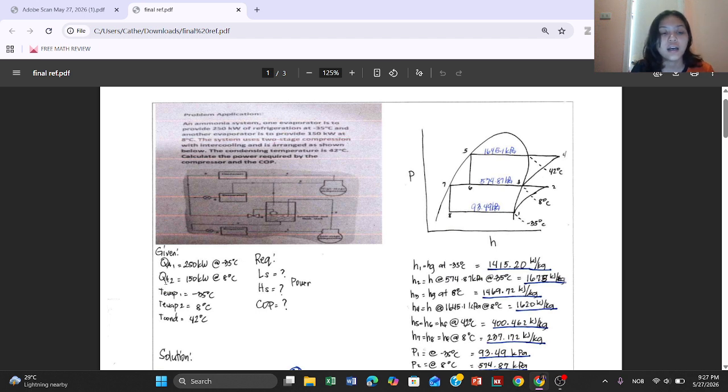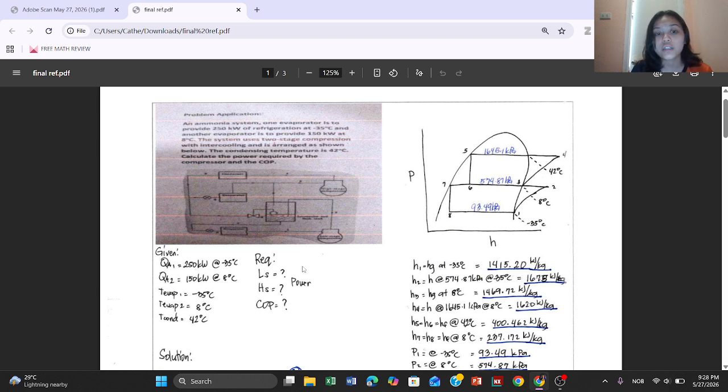And we have the heat added for the second evaporator of 150 kilowatts at 8 degrees Celsius, or the refrigeration capacity of each evaporator. Next, we have the temperature at each evaporator. Evaporator 1 is at negative 35 degrees Celsius, evaporator 2 is at 8 degrees Celsius, and the condensing temperature is 42 degrees Celsius.